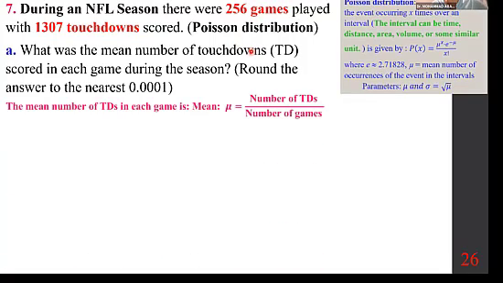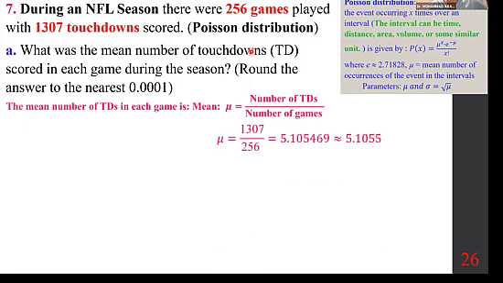Therefore, it makes it a Poisson distribution. In order to find the first part, what was the mean number of touchdowns, we simply divide the total number of touchdowns, or TD, by the total number of games. So mu is the number of TDs over the number of games.